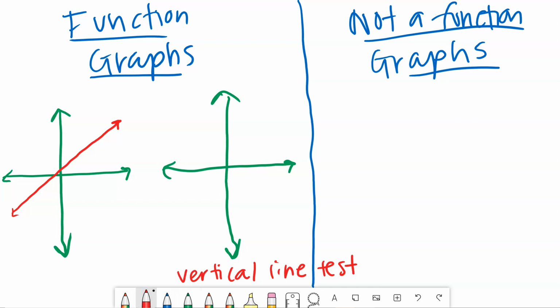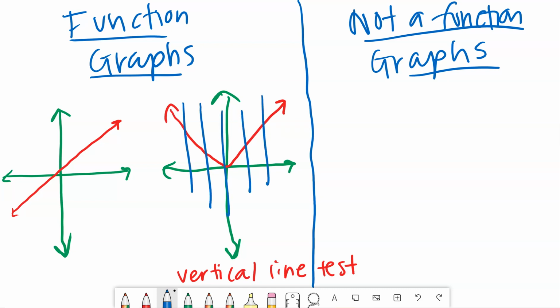That's what it's called. What about this one right here? Again, if I create a vertical line test, how many times is each line touching my main line? Well, it's only touching one time. So that means the x-axis is not being repeated.